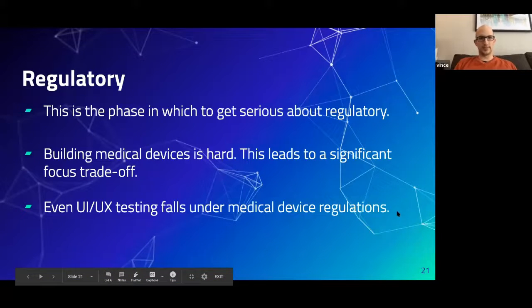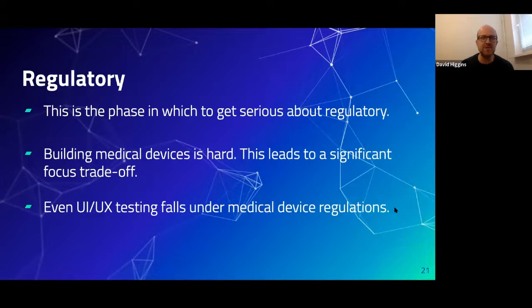Okay, so like I said, I'm happy in the first phase if you just understand that you are going to be regulated. Ideally, you come up with a plan there already, but the build phase is where you have to get serious about it. Like Vince said in the clinical section, it's a good idea to start making plans for what you're going to do later.